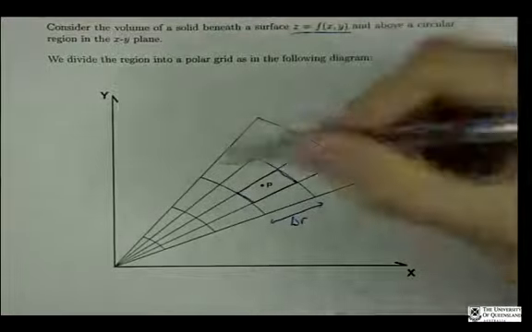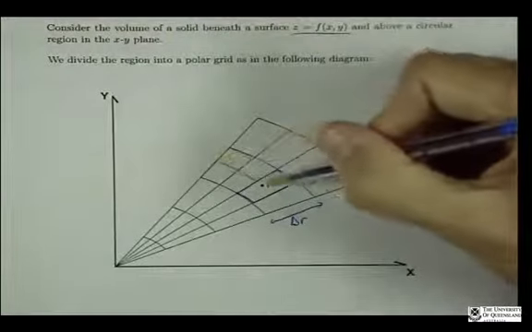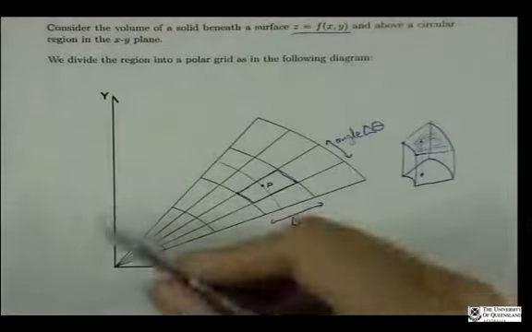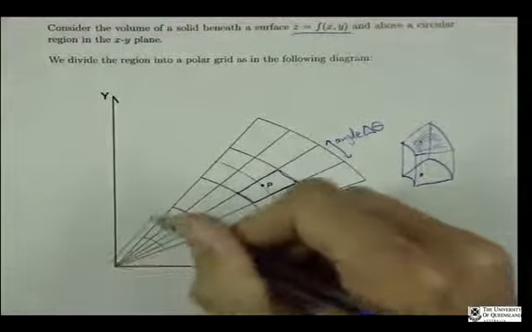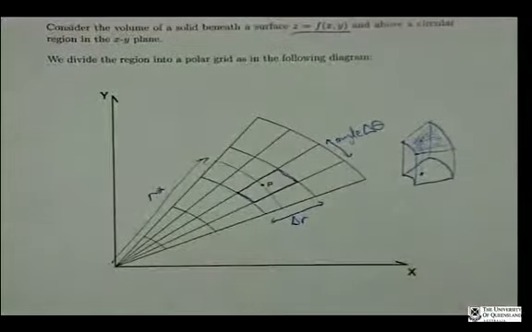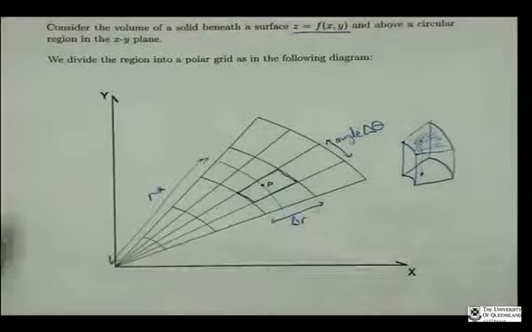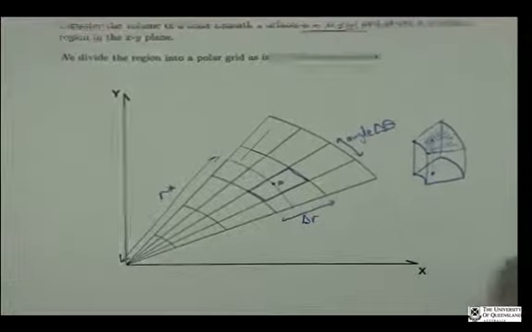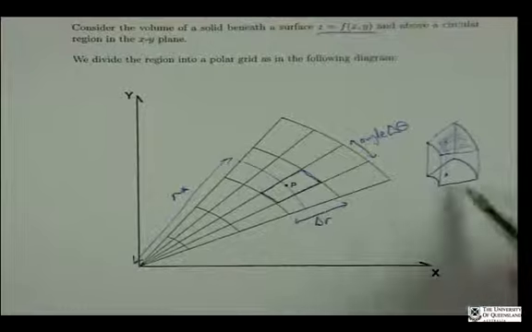Now let's say this representative point in my grid square corresponds to a distance from the origin, I'll call r star.